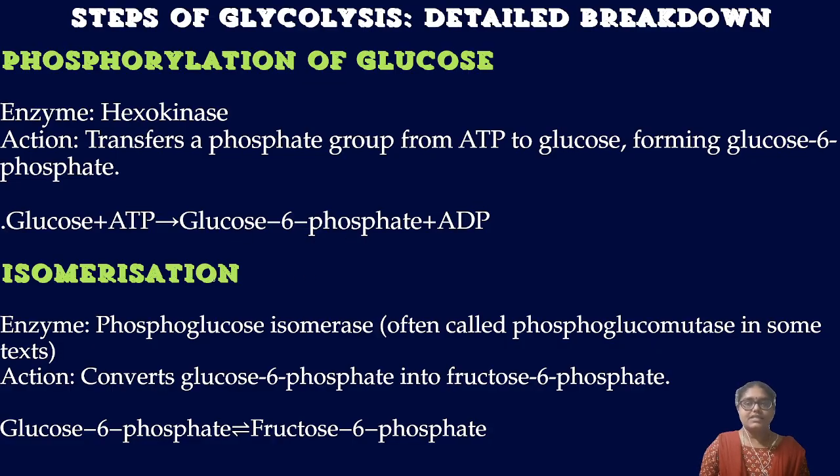Next step is isomerization. What is meant by isomer? Same molecular formula but different structures are known as isomers. Glucose and fructose are isomers. They have a similar molecular formula but different structures.